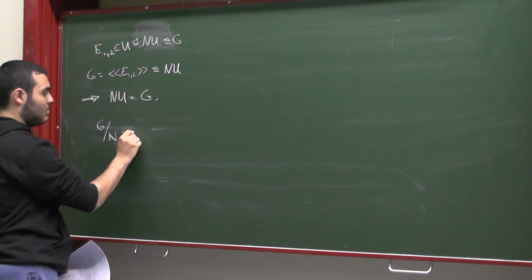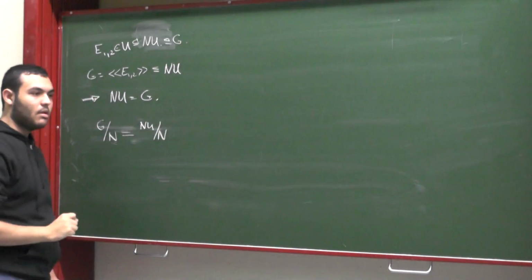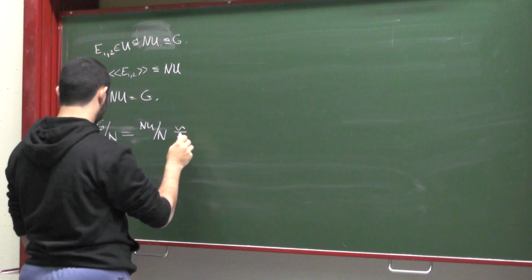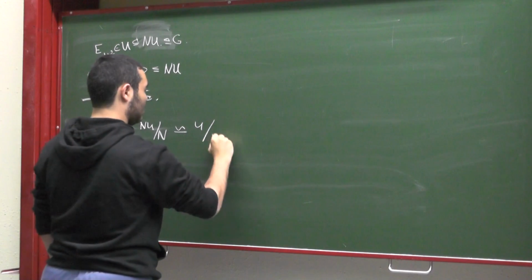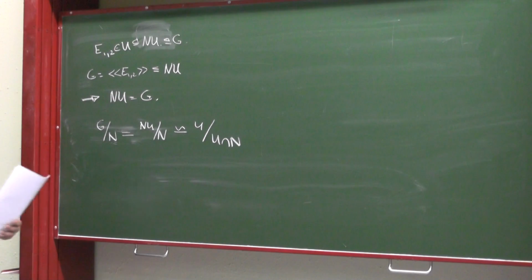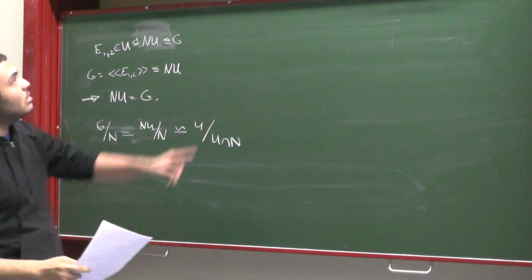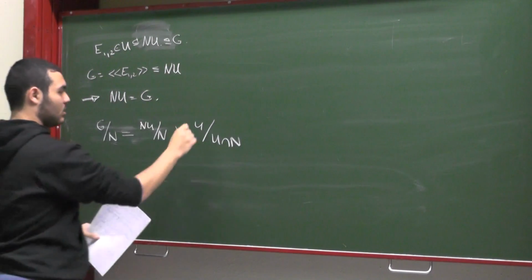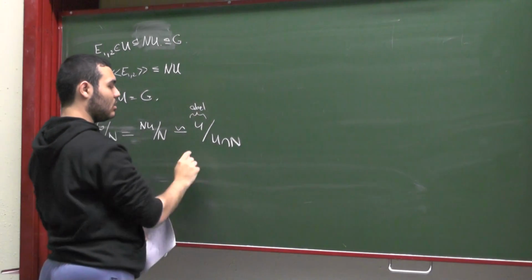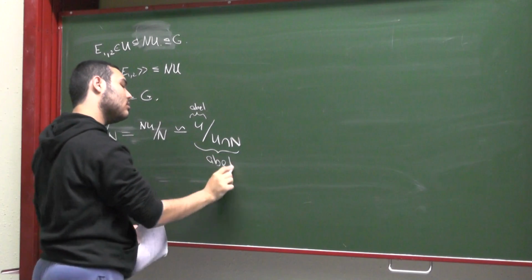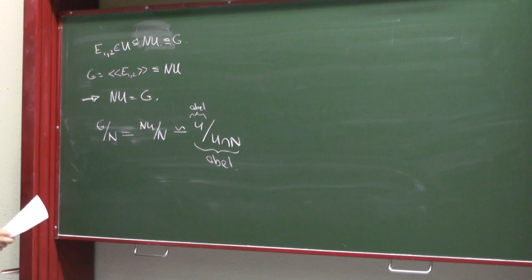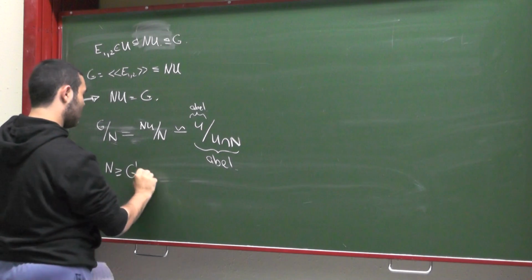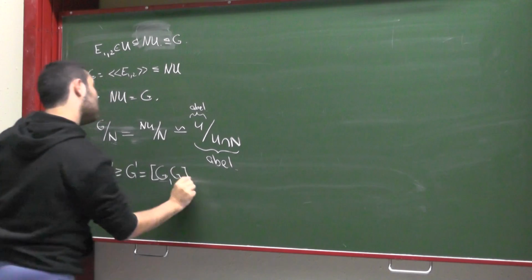So this is the same as NU mod N, but by another isomorphism theorem, whose number is randomly picked in some manner, this is U modulo the intersection of U with N. But here it is basically the same as the power of K. It's an abelian group. This is abelian. So this is abelian. But that must mean, because we have G mod N being abelian, that N must contain the derived group, which is the commutator group of G with itself.